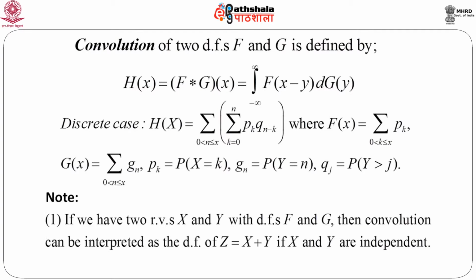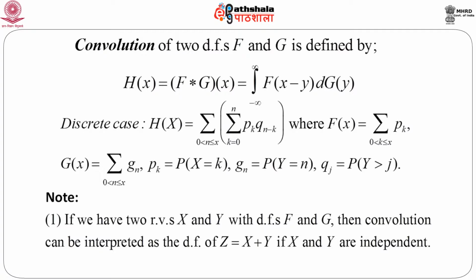One remark: if we have two random variables X and Y with corresponding distribution functions F and G, then the convolution can be interpreted as the distribution function of Z, defined as the sum of the two random variables, Z equals X plus Y, if X and Y are independent.